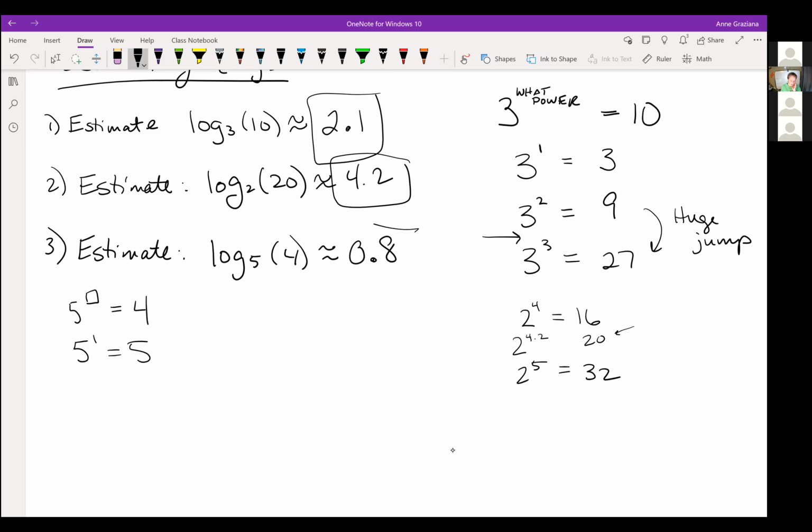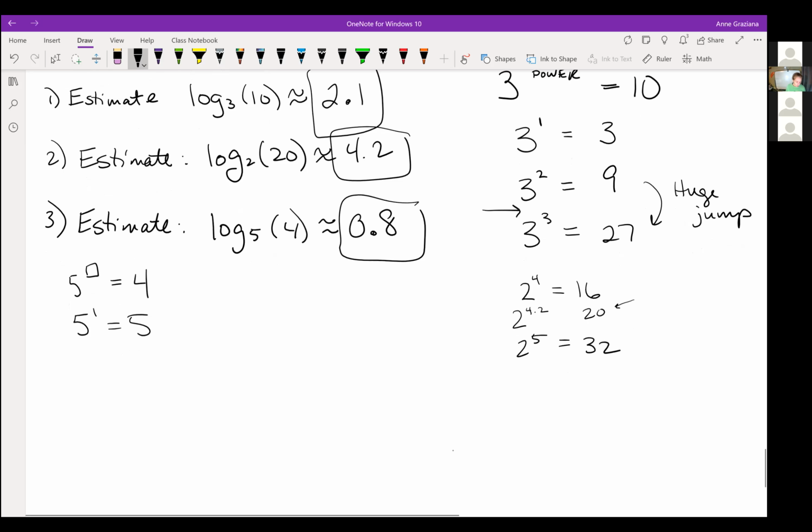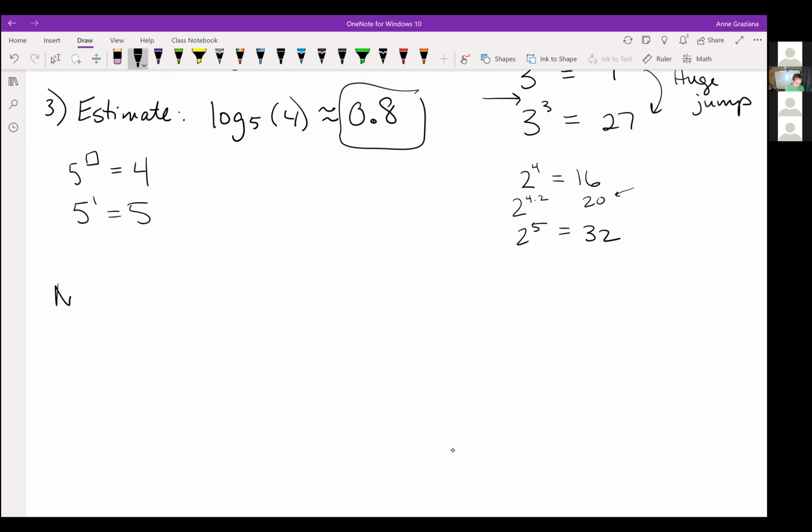So there are going to be times where you are asked to estimate logs. This is how you do it. I want to point out some notation in the last minute I have here. If you have just log of x, it is assumed to be base 10.